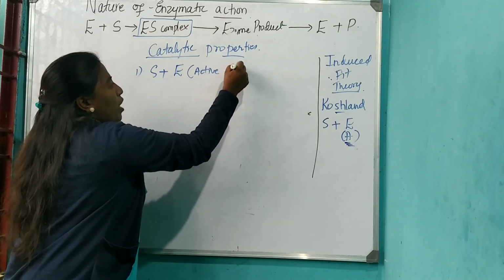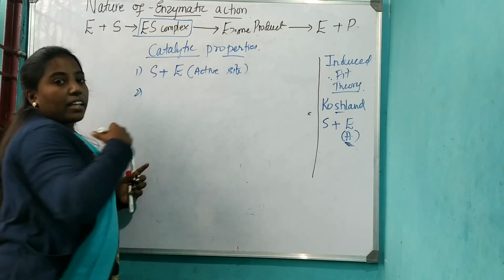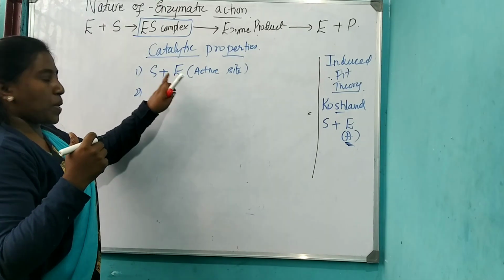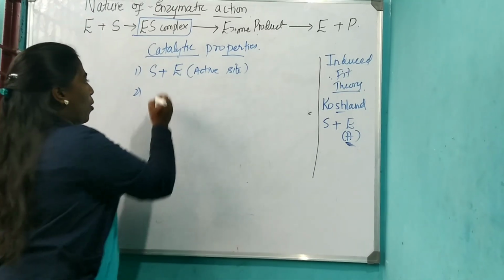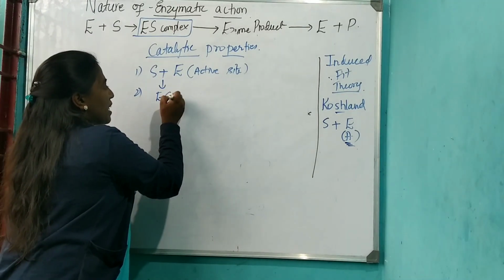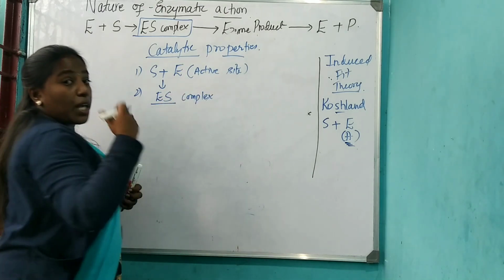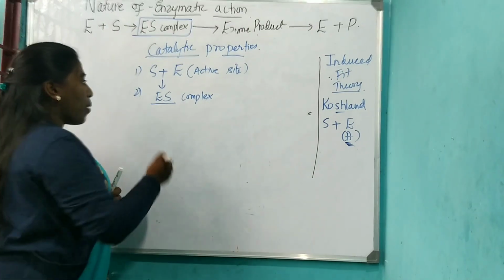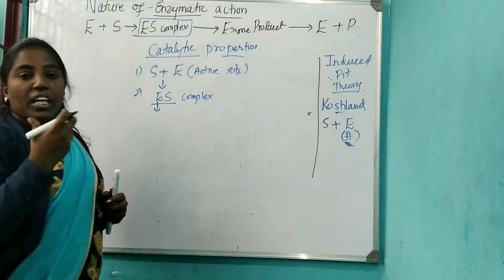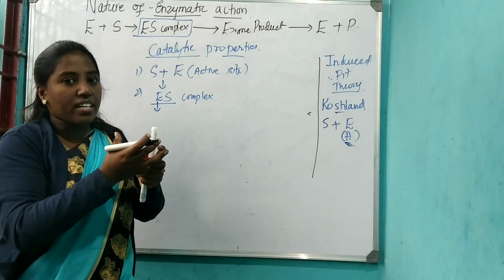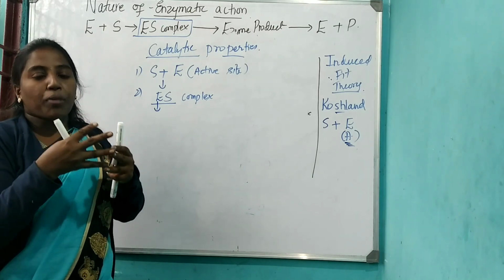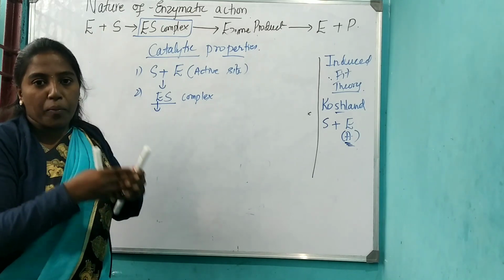Then what happens? Now the enzyme substrate complex has been formed. When this enzyme substrate complex has been formed, the active site of the enzyme undergoes some structural changes so that the enzyme can hold the substrate firmly.